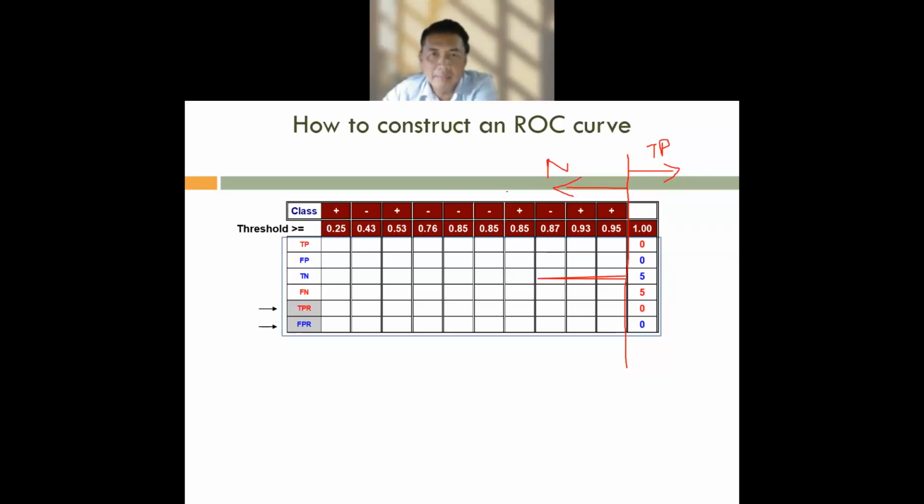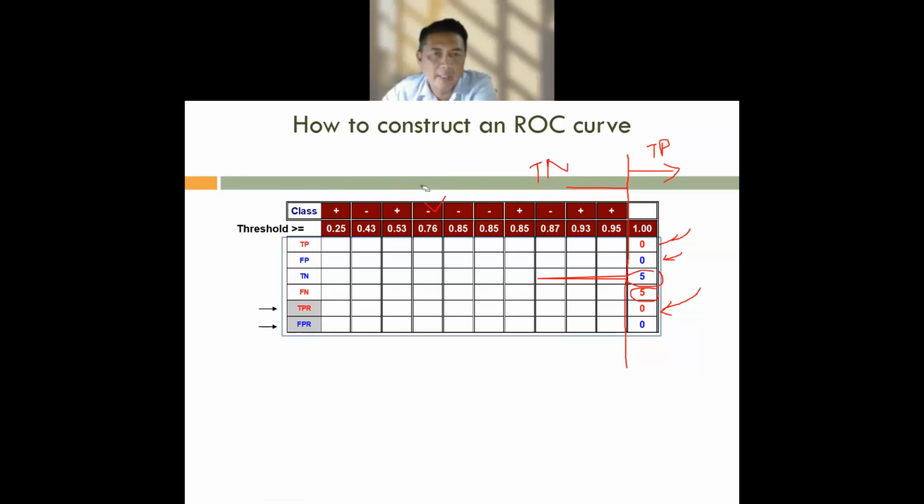So we notice that this is okay, this is okay. That's why your true negative is 5 here. But we have false negative. This is positive, but classified as negative. So we have false negative 5. So your true positive rate will be 0, and your false positive rate will be 0 as well.